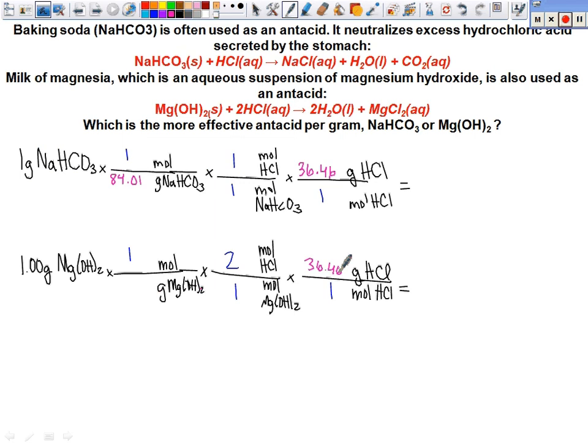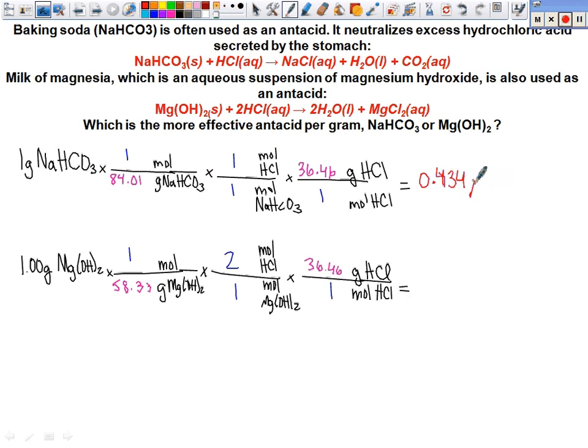Sounds right. So, how many grams of hydrochloric acid could you have dissolved with 1 gram of sodium hydrogen carbonate? 0.434 grams of HCl.